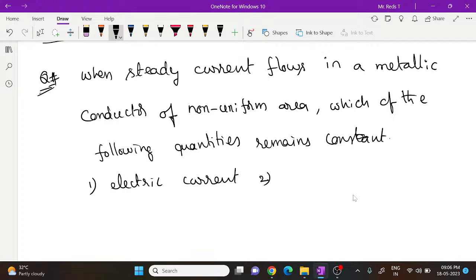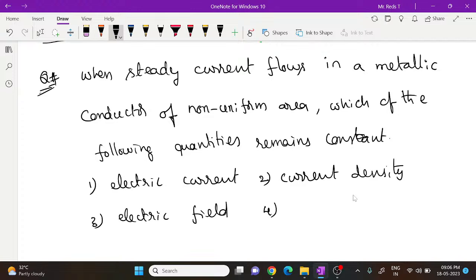Second option, current density. Third option, electric field. Fourth option, drift speed. Yes, you can guess which is constant.